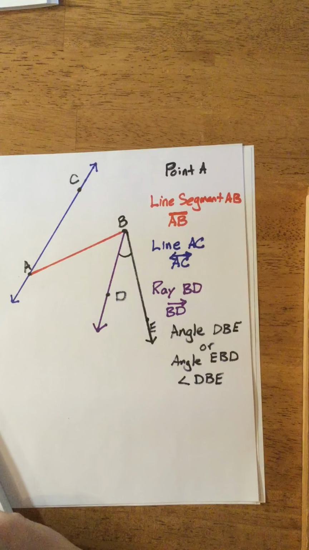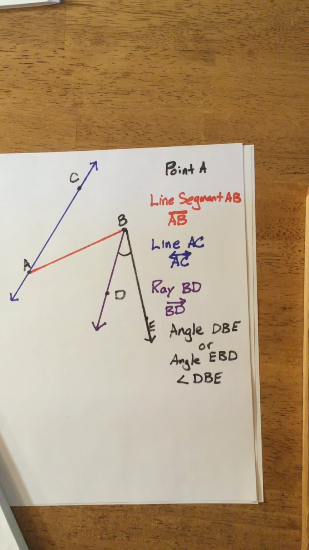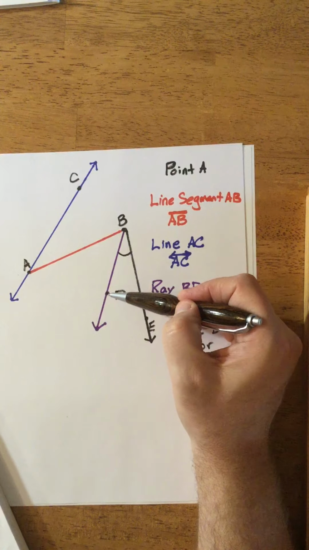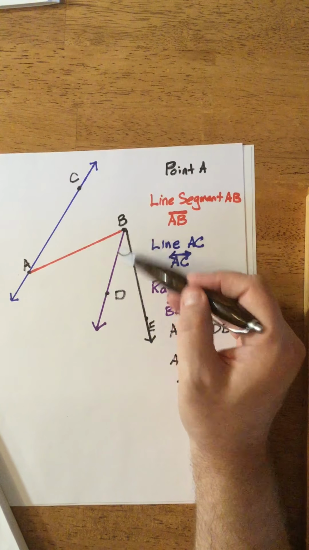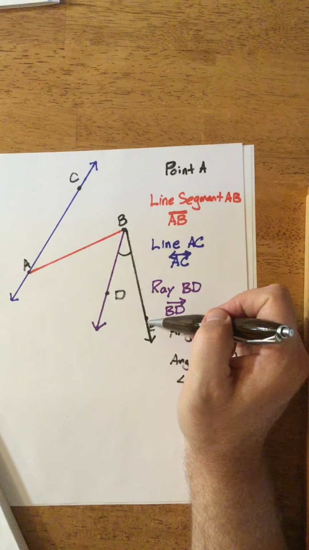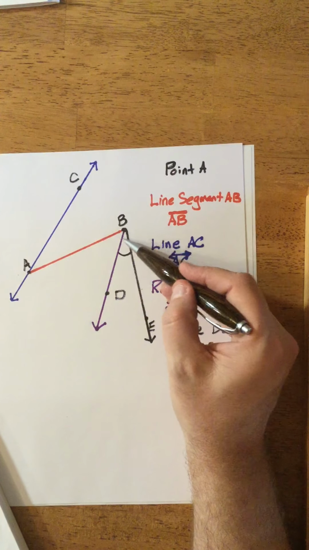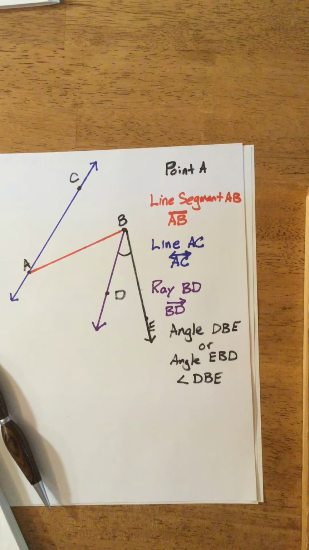However, the letter B is the thing that is in the same place. And if you look at our angle here, the B is in the middle. It connects the two rays. So we have ray BD and ray BE, and they have this common endpoint right here. And that is what we call a vertex.